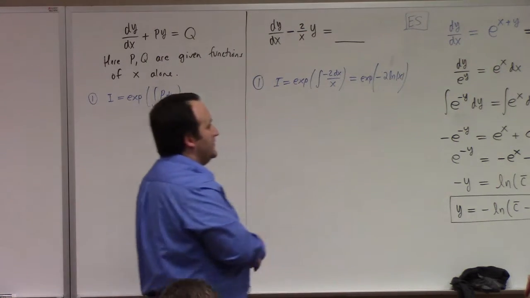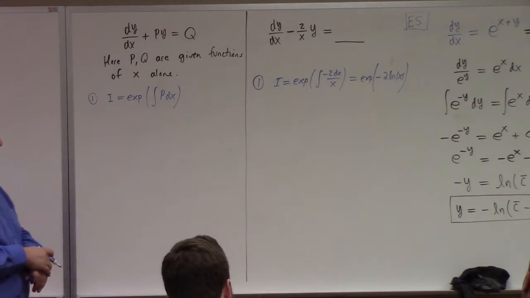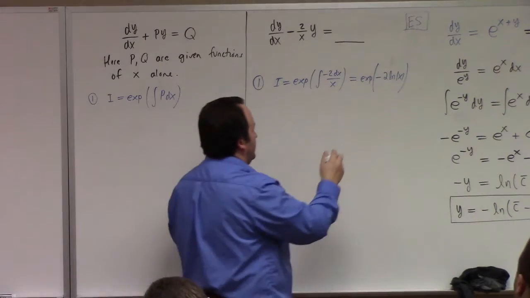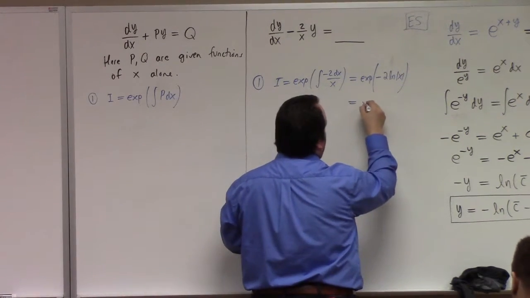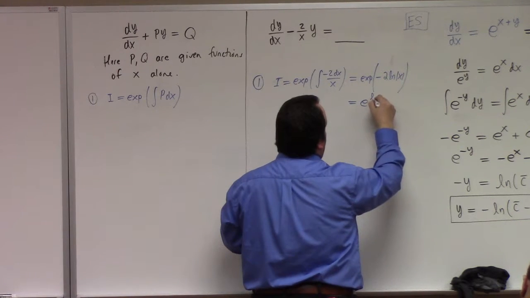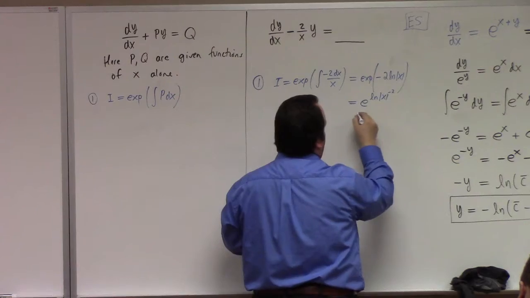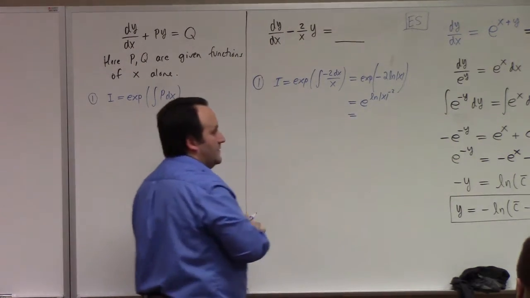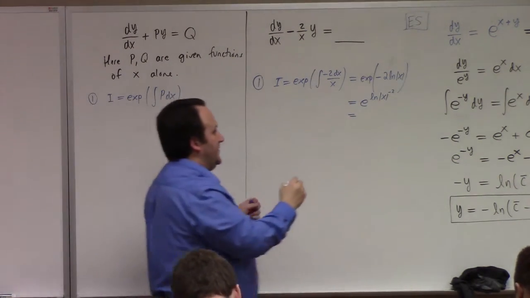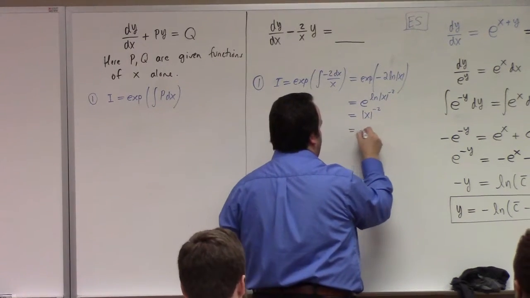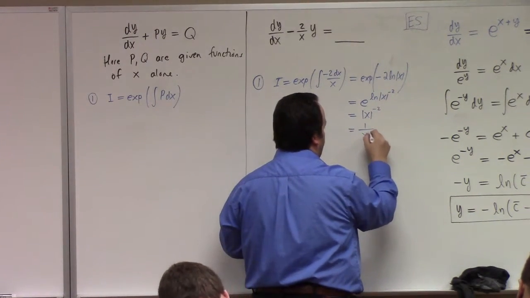That's minus 2 natural log of the absolute value of x for that function, right? And then by properties of logs, that's e to the natural log of the absolute value of x to the minus 2, which, by the way, is just the absolute value of x to the minus 2, which is 1 over x squared.